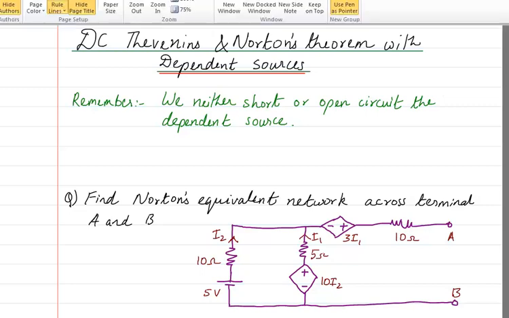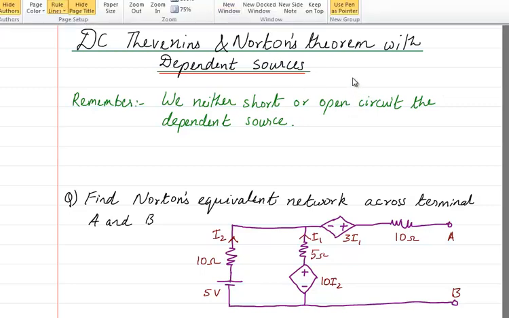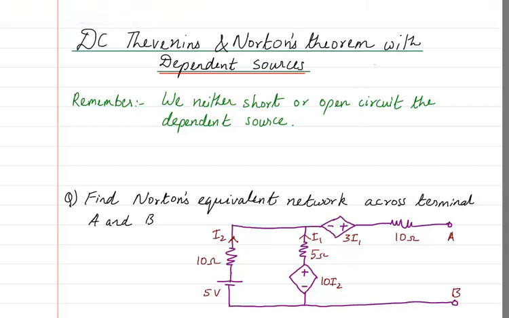Okay. See, once again let me repeat it. When we are talking about Thevenin's, we calculate only VTH and RTH. In Norton's theorem we calculated only IN and RN.